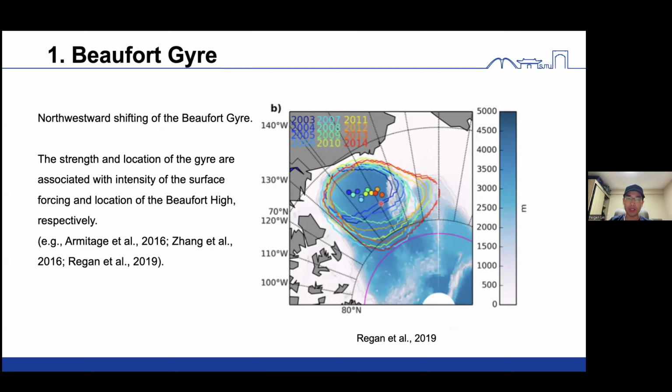So this side is northwest, getting close to the North Pole. And they attributed this change and the location shift to the surface forcing and the location of the Beaufort High, which is an atmosphere system in the Canada Basin.